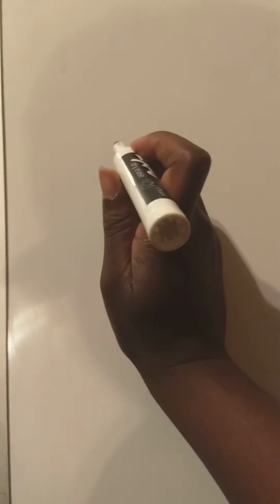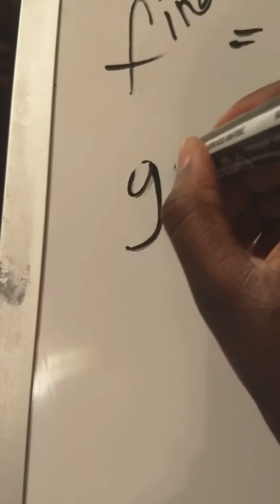Okay, so back to the original problem. The first thing we should do, always, is figure out what we're trying to find. So N equals the mass of sodium chloride. Next we should state our givens.